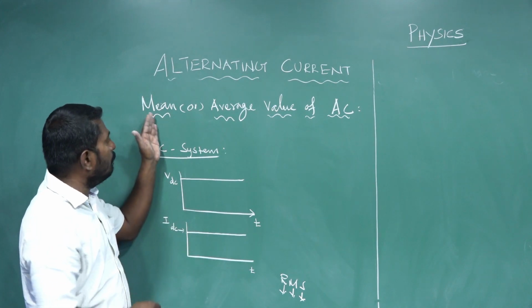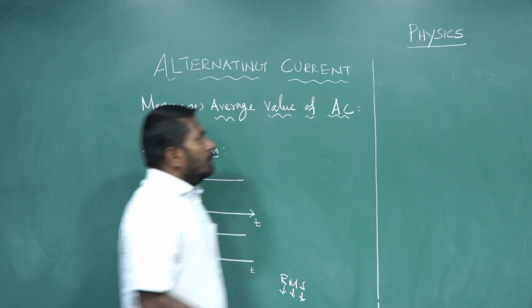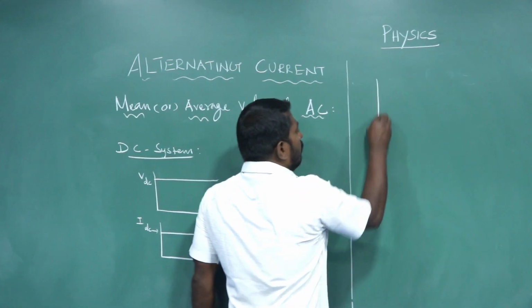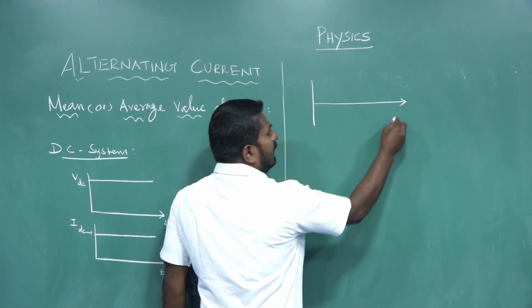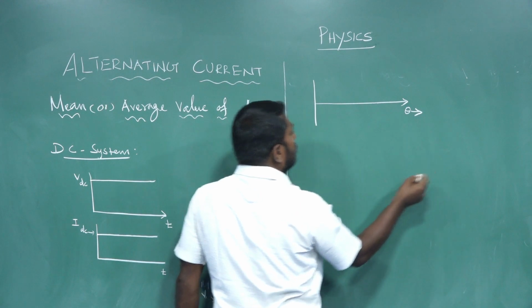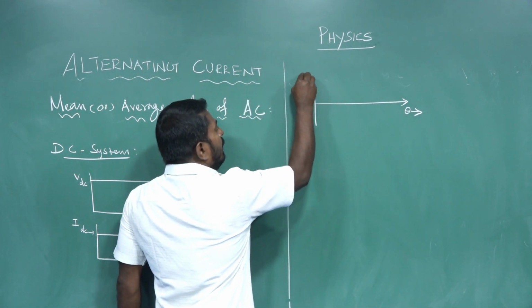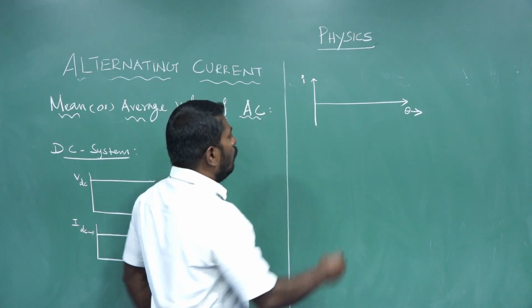First we are going to see the mean or average value of alternating current. This is one complete cycle of alternating current. Theta value is taken on the x-axis, instantaneous value of alternating current taken on the positive y-axis and the negative y-axis.